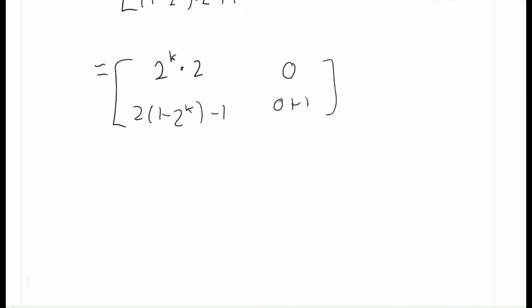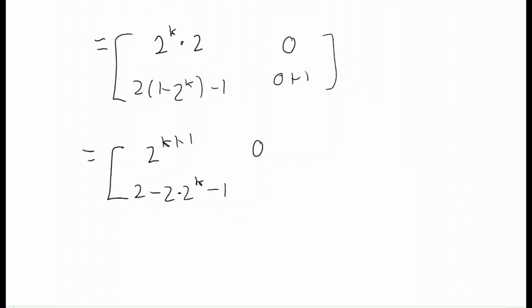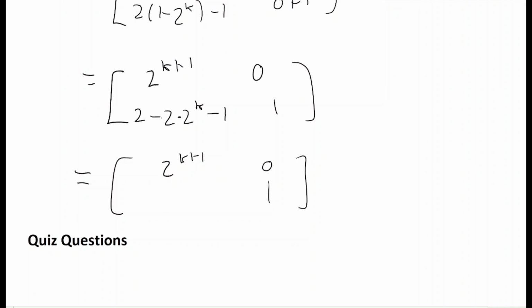All right, so that top left bit is 2 to the k+1, using our index laws. This is 2 take 2 times 2 to the k, take 1. And then this is 1 on the bottom right. Now, if you think about it, 2 take 1 is 1, and then that bit there is 2 to the k+1.